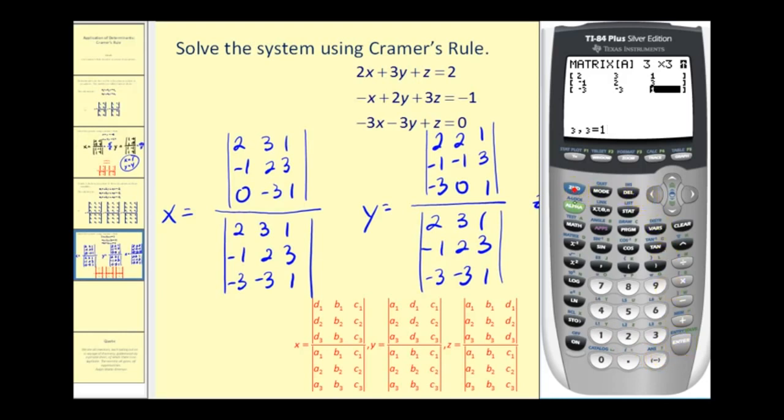Let's go back to the home screen. Let's find the value of these denominators. So we'll find the determinant of matrix A: second matrix, math, enter, second matrix A, close that, and it's equal to 7. So each of these denominators is equal to 7.